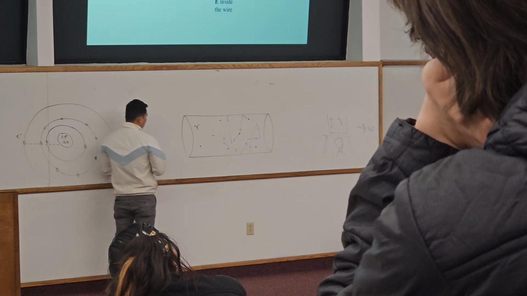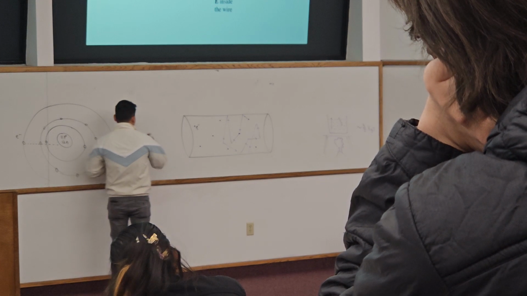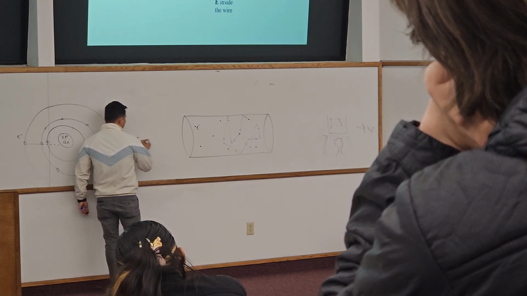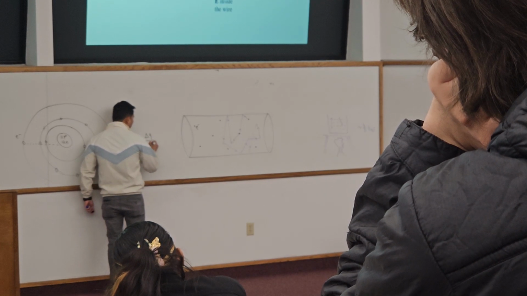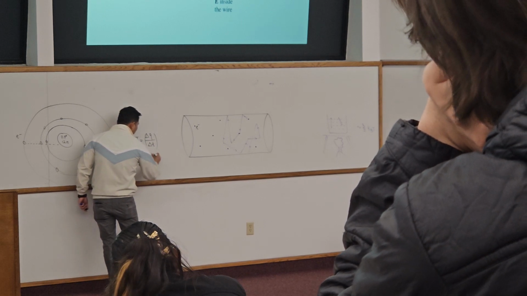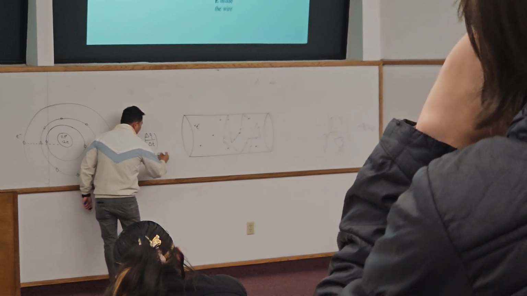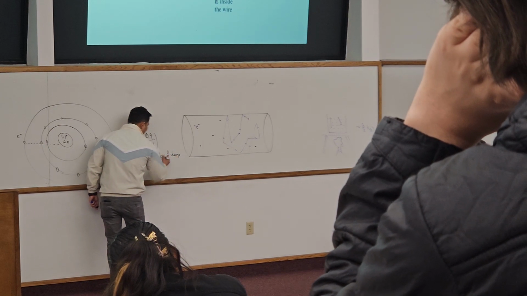The current flowing through the wire is given by I equal to the net flow of charge divided by time. Okay, I can write down net flow of charge divided by time.